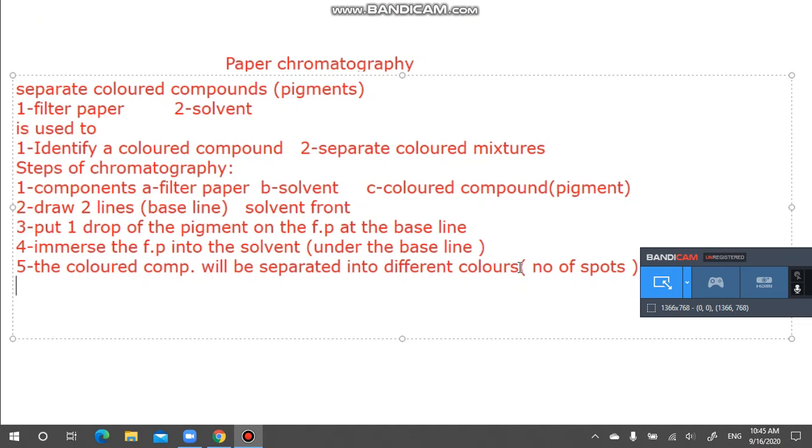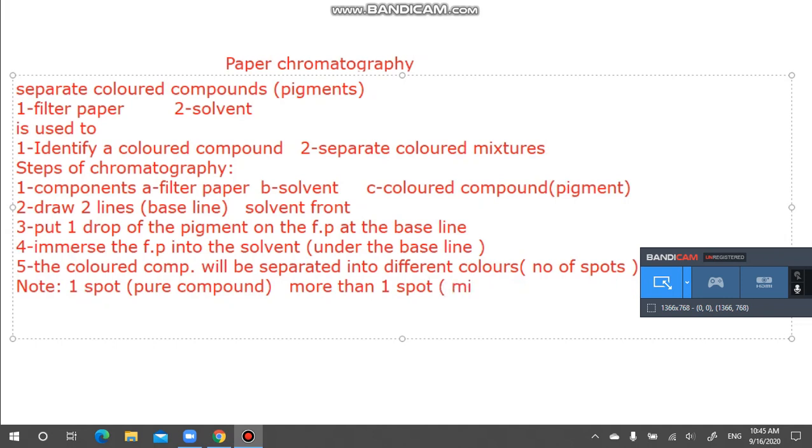Okay? So if we have one spot, it's very important. We have a note here: if we have one spot, it's a pure compound. What will happen if we have more than one spot?